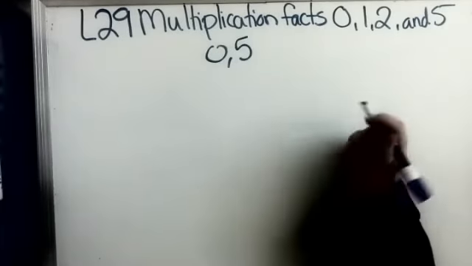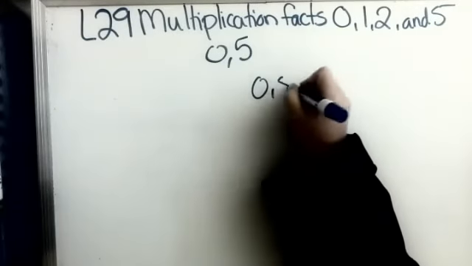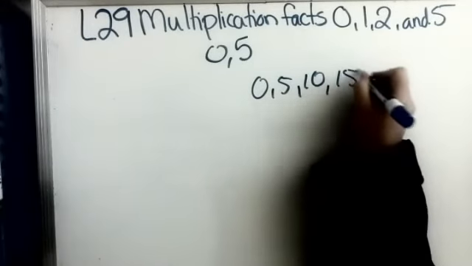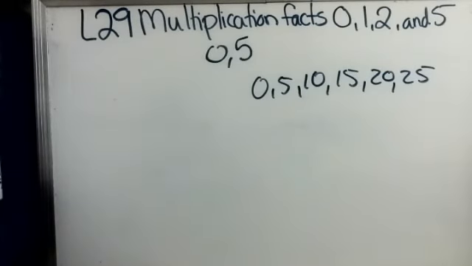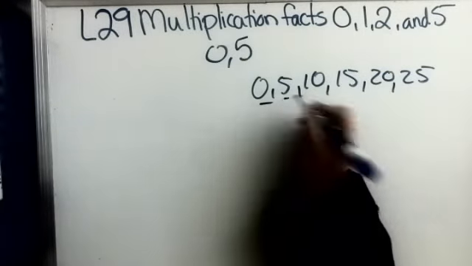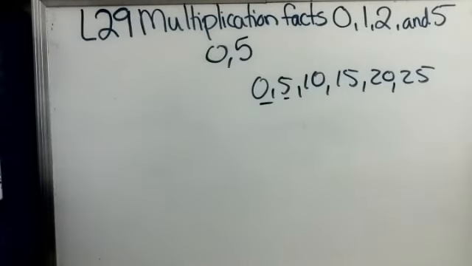You can prove that if you're counting by 5: 0, 5, 10, 15, 20, 25, on and on. If you notice, 0, 5 are the only two digits that can be used in the ones column. If you have any other number in the ones column, it will not be divisible by 5. It will not be a multiple of 5.